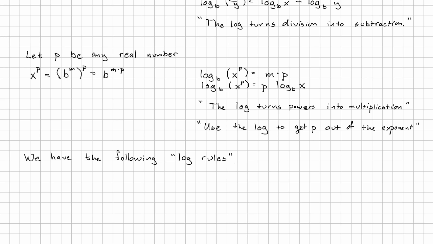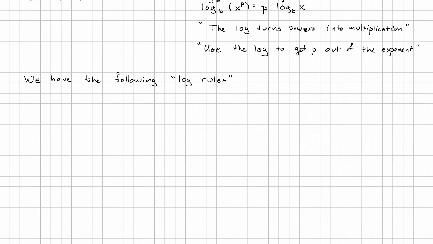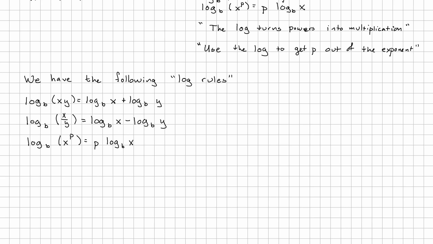So we have the following what we call log rules. And these are just rewrites of our usual rules for exponents in terms of logarithms. The log of the product is the sum of the logs. The log of the quotient is the difference of the logs. And the log of a power is the power times the log. We will use these log rules in two different ways.